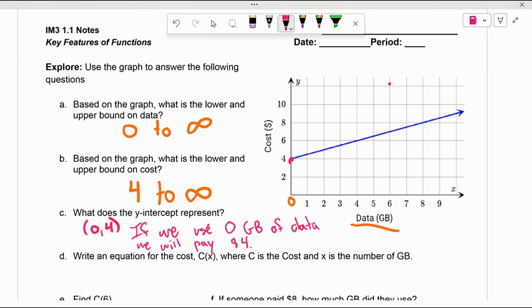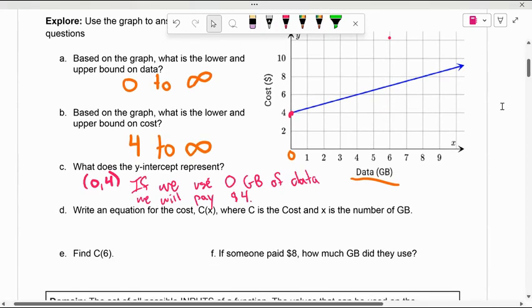So obviously that doesn't really make a lot of sense because if you're getting nothing, you shouldn't pay money. But they're saying that's kind of the start. The lowest that they can pay is $4. And then it goes up from there.